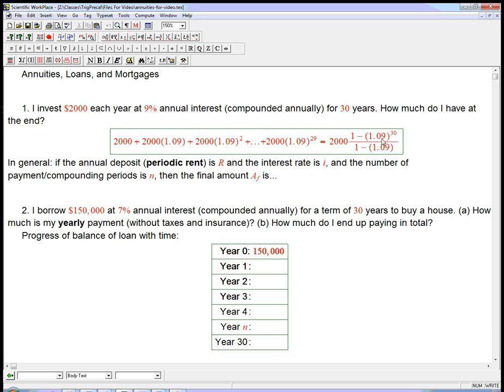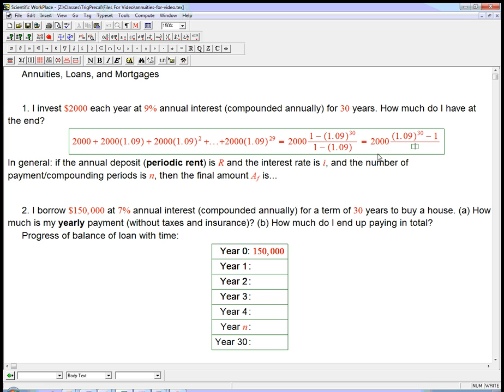That's a little annoying because both top and bottom are negative, so we're just going to flip them and simplify the bottom. We get 1.09 to the 30th minus 1, and then over, it's just the interest rate that shows up here, because this is 1 plus the interest rate, and then we end up subtracting 1 when we flip it.